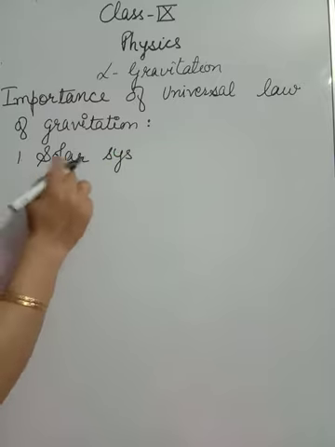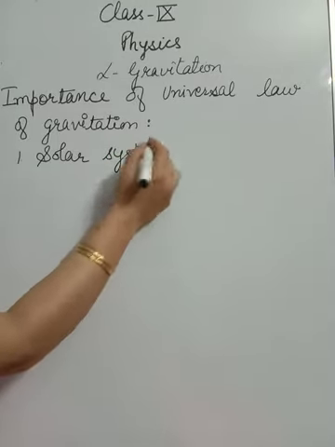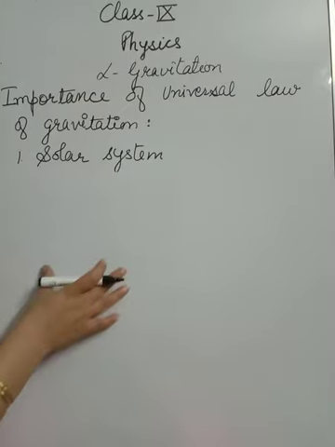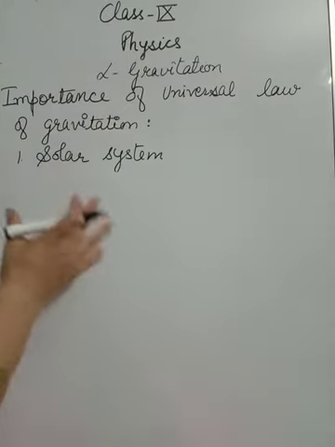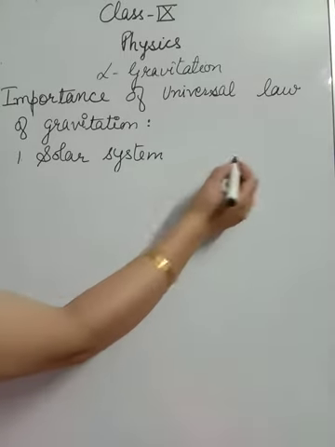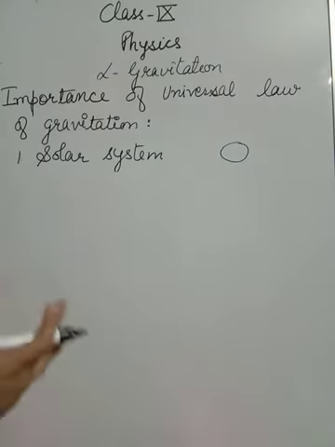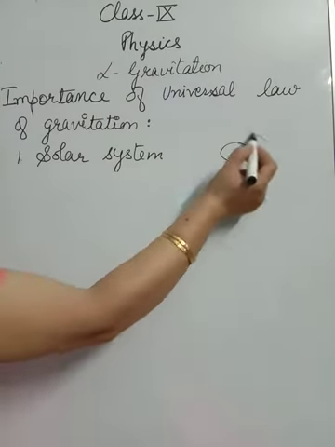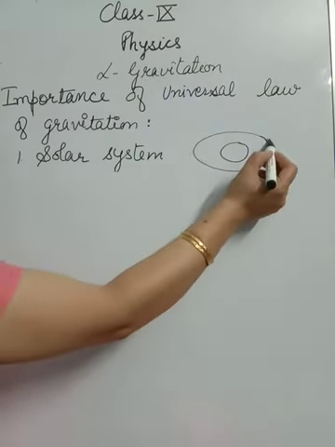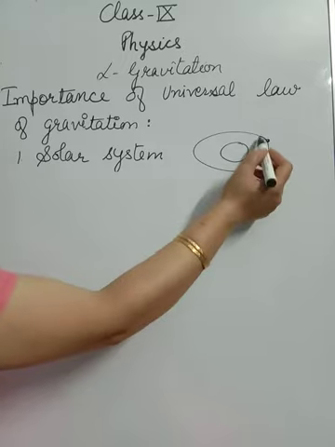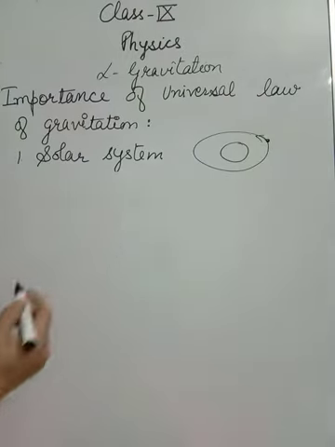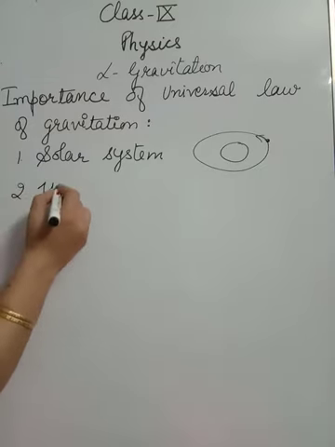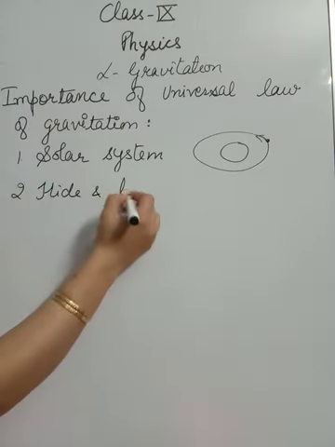The first thing it explains is how, or why, different planets revolve around the sun: the sun is a body with huge mass, so it attracts the rest of the planets towards itself, which provides the necessary centripetal force for a planet to revolve around the sun.